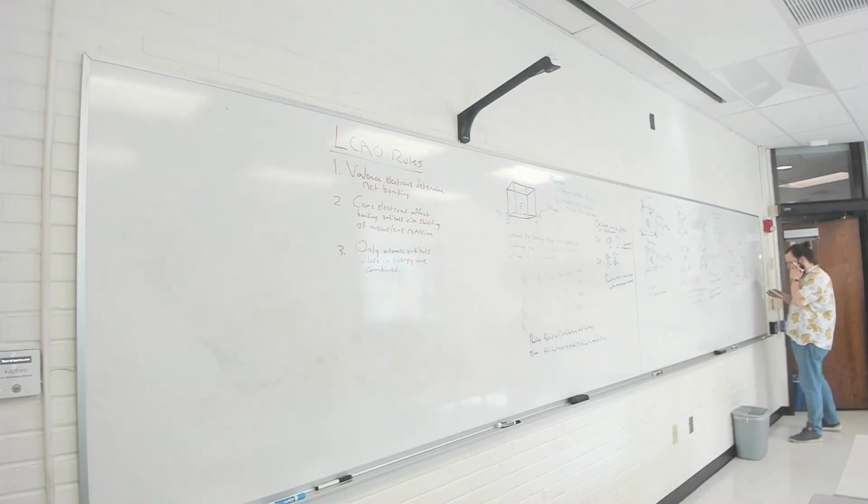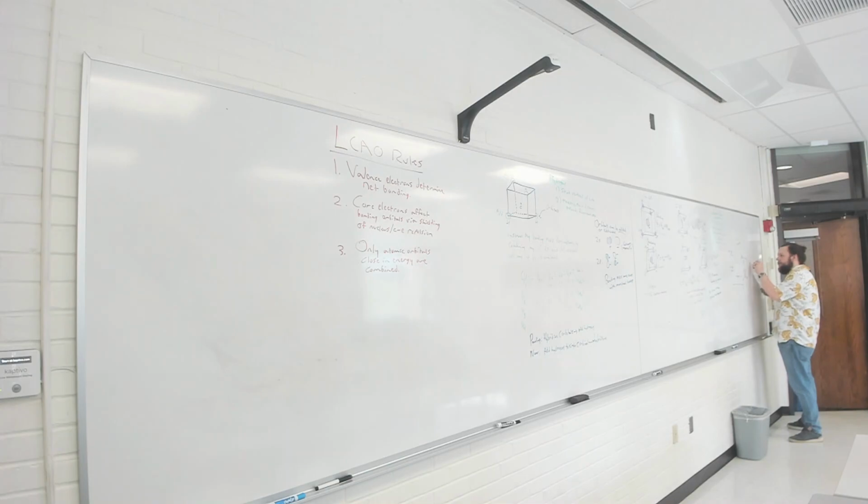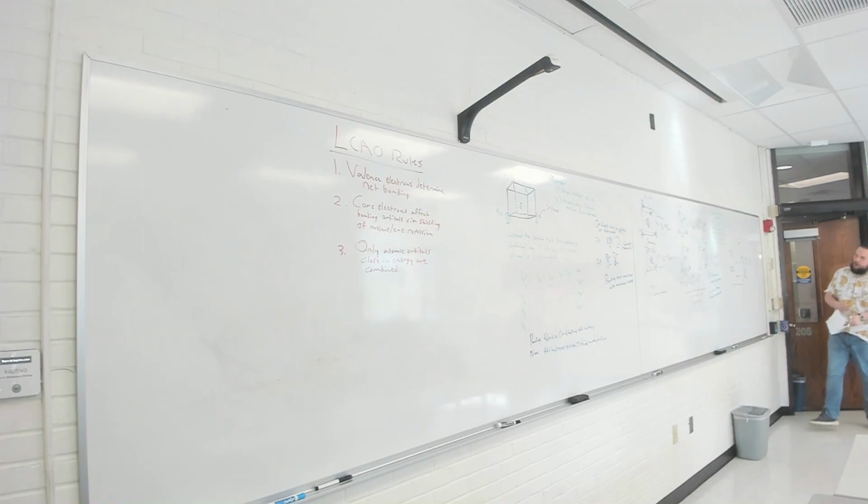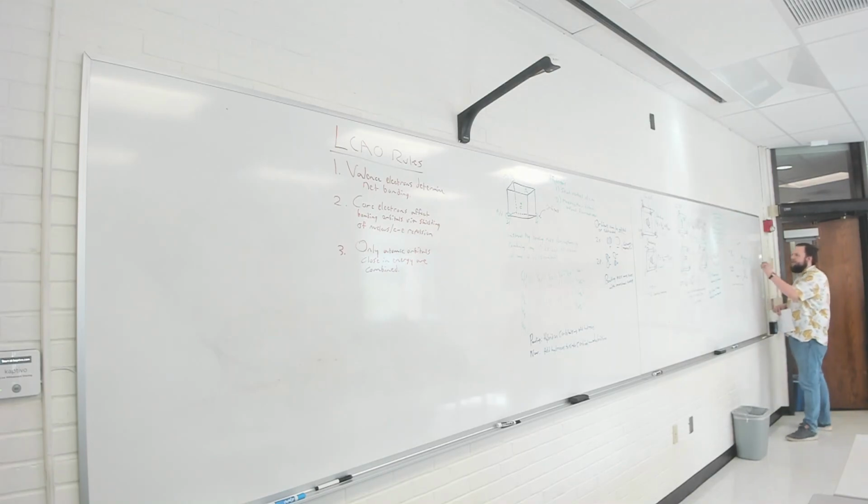Like that. And then there's one where it's pointing out of the board. These are our pi bonding orbitals, the ones that come from the p's. This is the 2p carbon orbitals, hybridized.